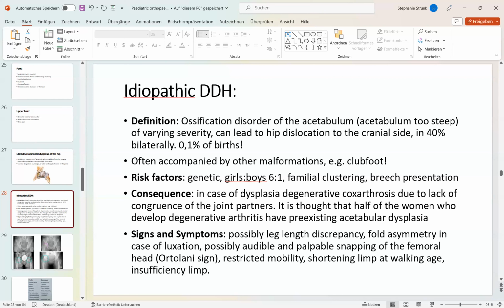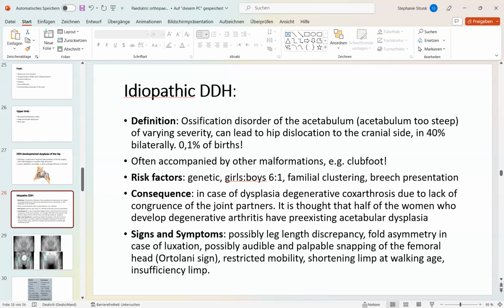So the risk factors: it's a genetic condition. Girls to boys, it's a 6-to-1 ratio. There's familial clustering, and breech presentation is a major risk factor. So if there has been a breech presentation, the hips definitely need to be examined. So what are the consequences?